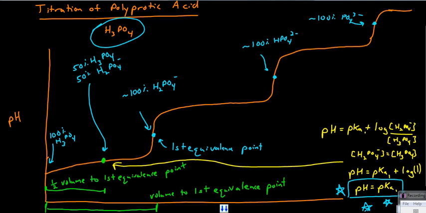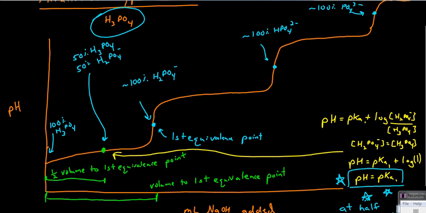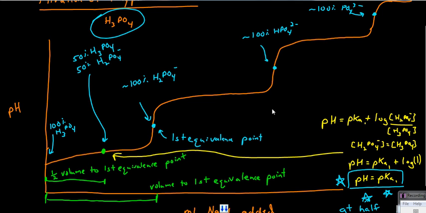In this case, as you're adding sodium hydroxide to this weak acid, you see again that you have these 1, 2, 3 inflection points because you can release 3 protons.